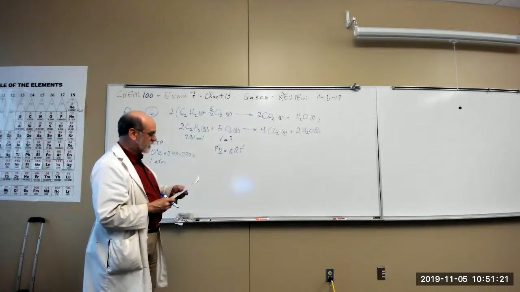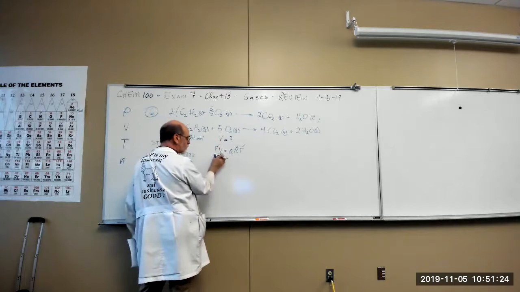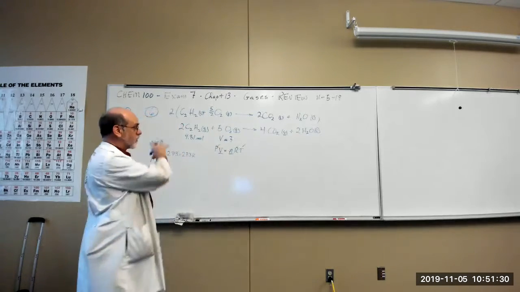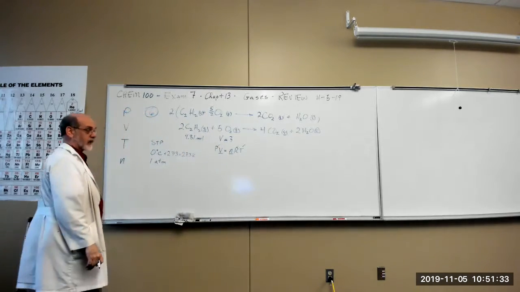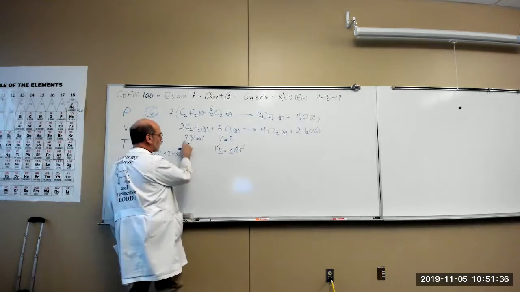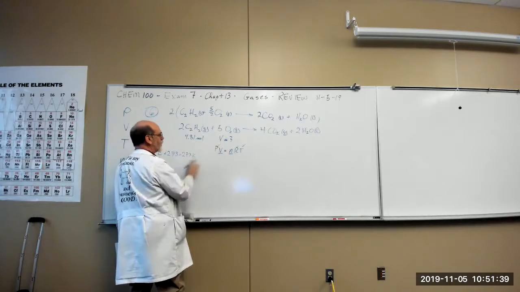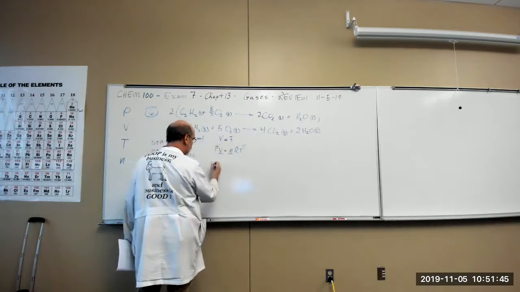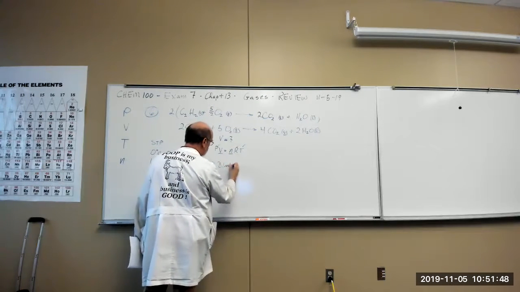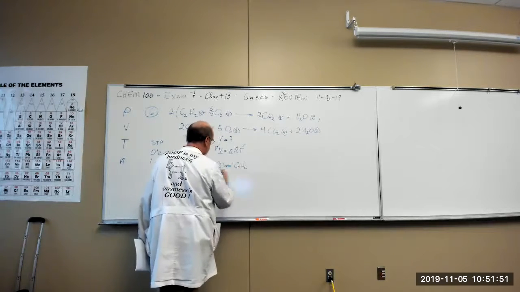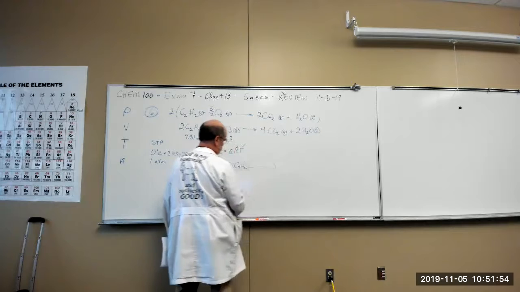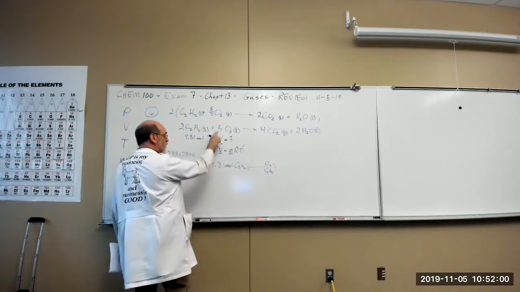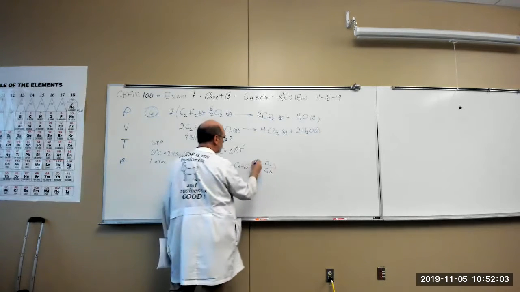Let's go back to the question. They want to know what's the volume, right? So if this is going to be the unknown, we've got to find out what that one is. Can we find out what that one is from the information given? The short answer is yes, because we know the number of moles of acetylene being consumed, and we have a balanced equation. We can determine how many moles of oxygen are required. It's a simple conversion. That many moles of acetylene will convert into oxygen using the coefficients 5 and 2.